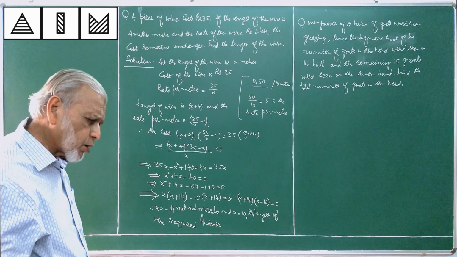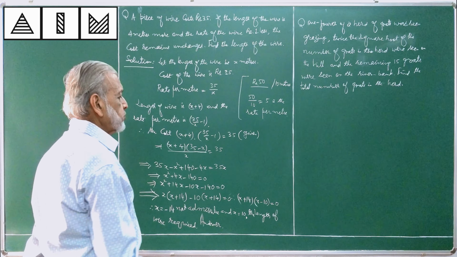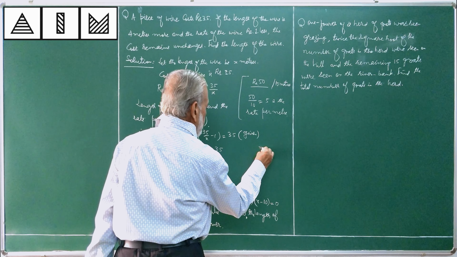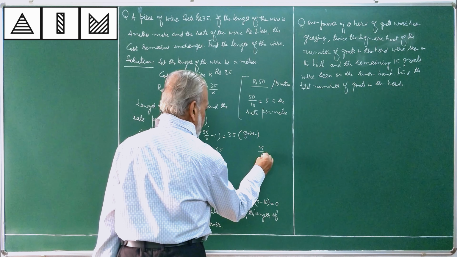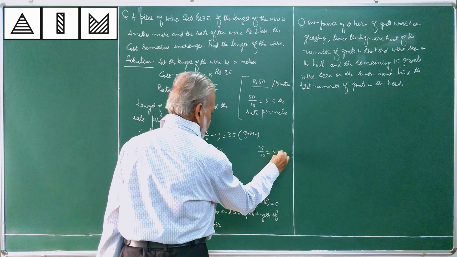We can have a small verification also, though not required. Please see here, 35 rupees is the cost of wire and 10 meters is the length of wire, that is 3.5 rate.